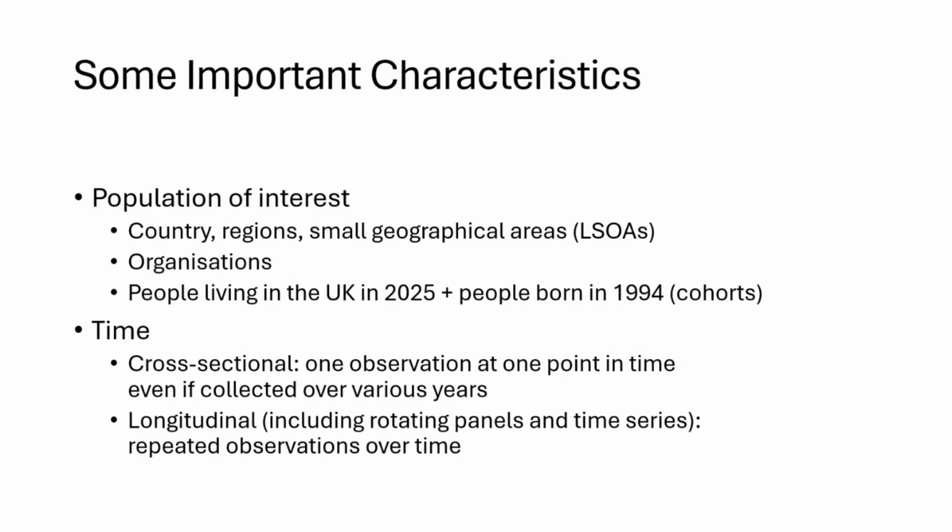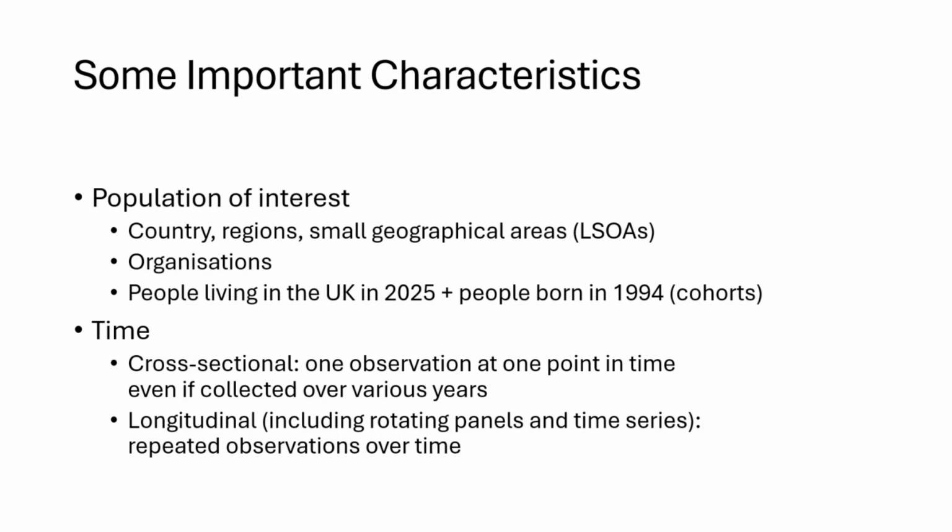There are various differences across data sets. One thing that you want to take into account, if you think about research, is that you're going to select a data set based on your interest, the research question that you want to answer. So first, we need to take into account what is the population of interest.